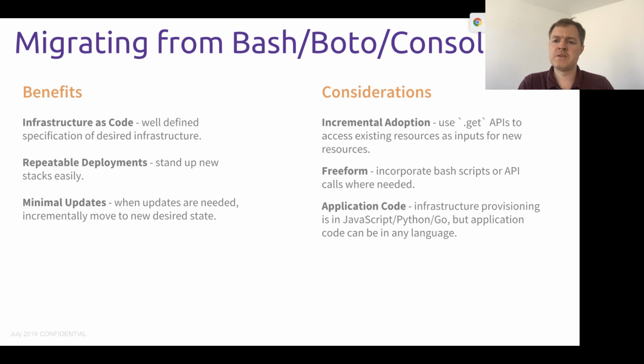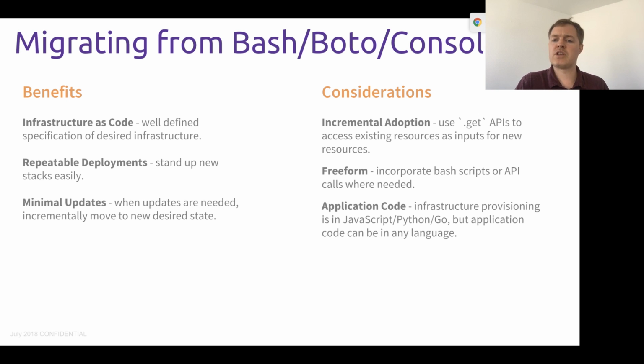So the first is you don't have to do this transition all in one go. It's very easy to take one little piece of an application or just some net new pieces of an existing application and incrementally adopt Pulumi into those. And so if you've got existing infrastructure, you can continue to use that and manage it in the existing way and access it and build on top of it from within a Pulumi program.